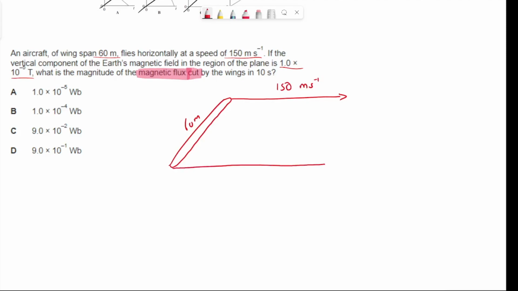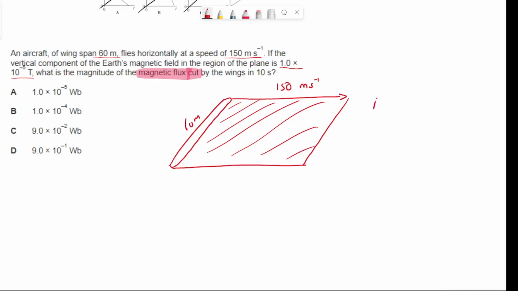So the area covered by the aircraft wing, represented in this diagram, is going to be 60 times 150 times 10 seconds, and that gives us 90,000 square meters.